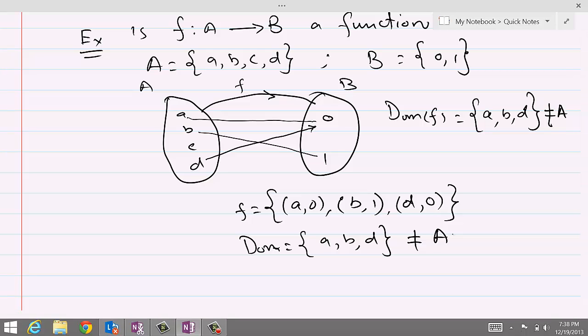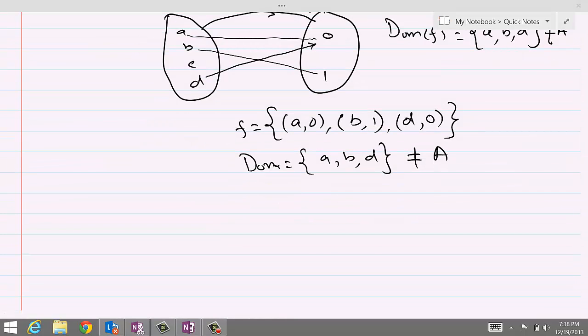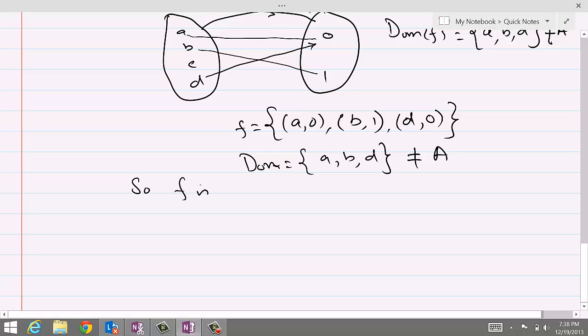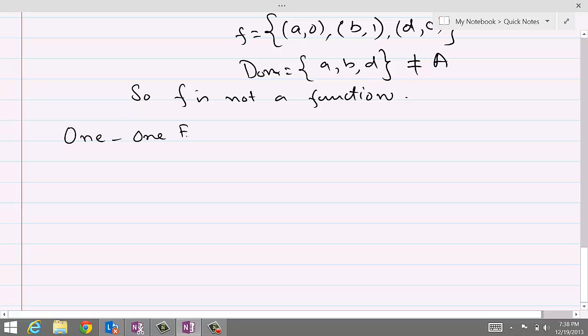So f is not a function. And now types of functions. Now we are going to say one-one functions.